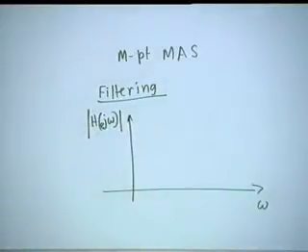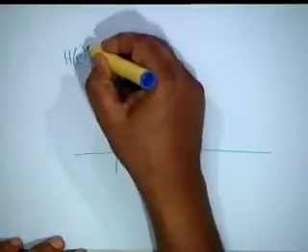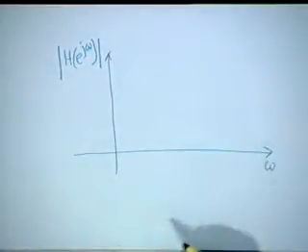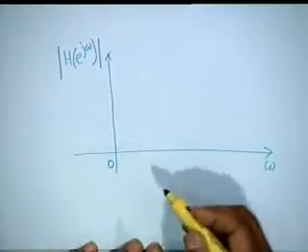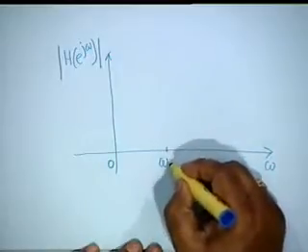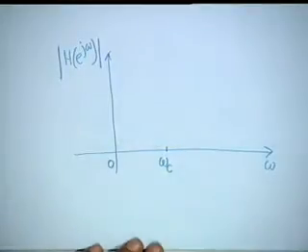We are concerned with capital H of e to the j omega in discrete time systems. If we plot the magnitude, let me take a fresh page, the frequency response that we want for, let us say, an ideal low pass filter is that between some frequency 0 and omega sub c, the magnitude should be ideally equal to 1.